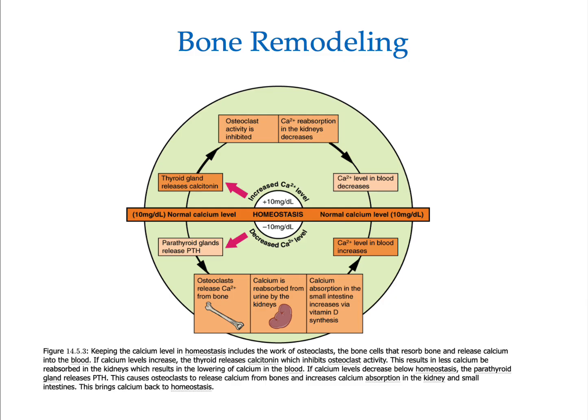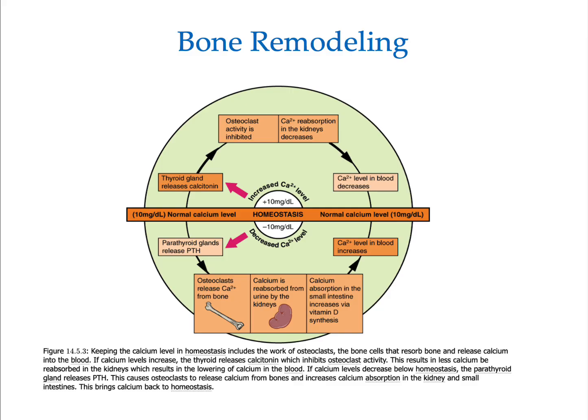I'm going to just look at this figure for a minute. So keeping the calcium level in homeostasis includes the work of osteoclasts and other bone types. If calcium levels increase, the thyroid releases calcitonin, which inhibits osteoclast activity. So that inhibits the breakdown of bone.